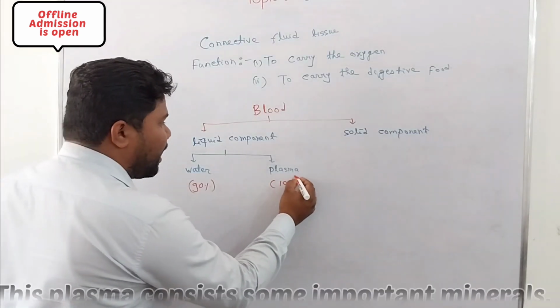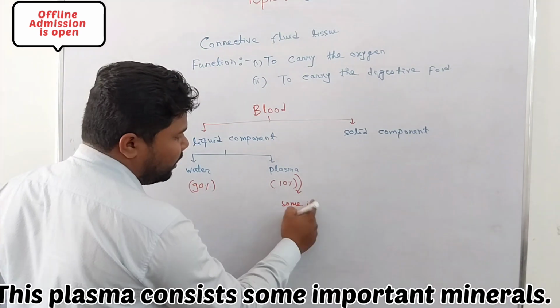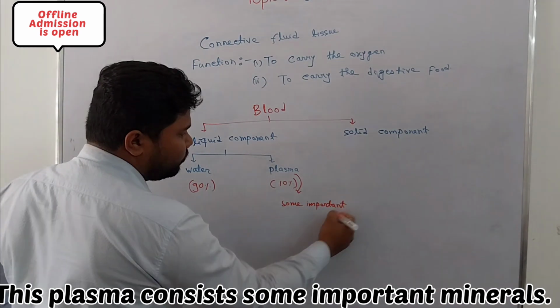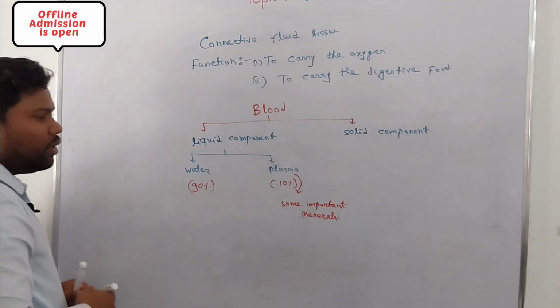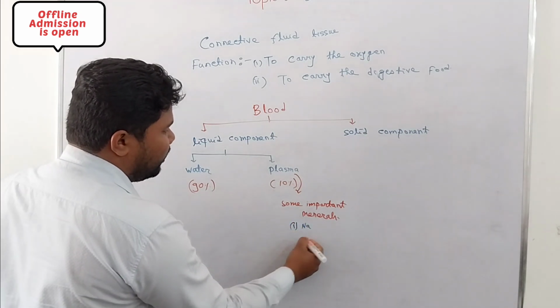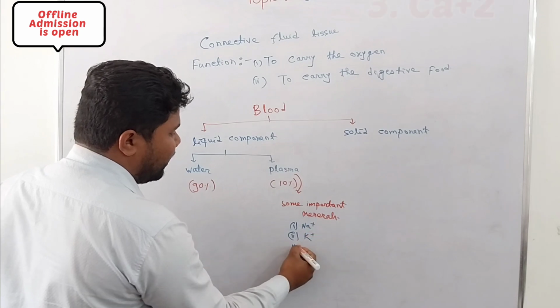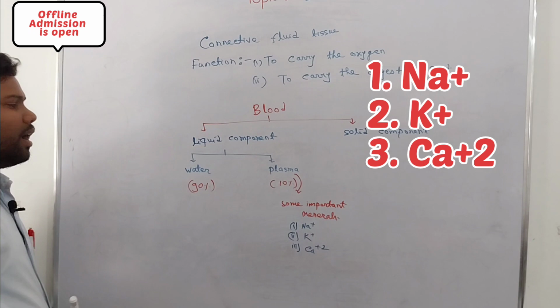This plasma contains some important minerals. Let's see what the important minerals are. The first is sodium, second is potassium and third is calcium plus 2. So these are the ions.